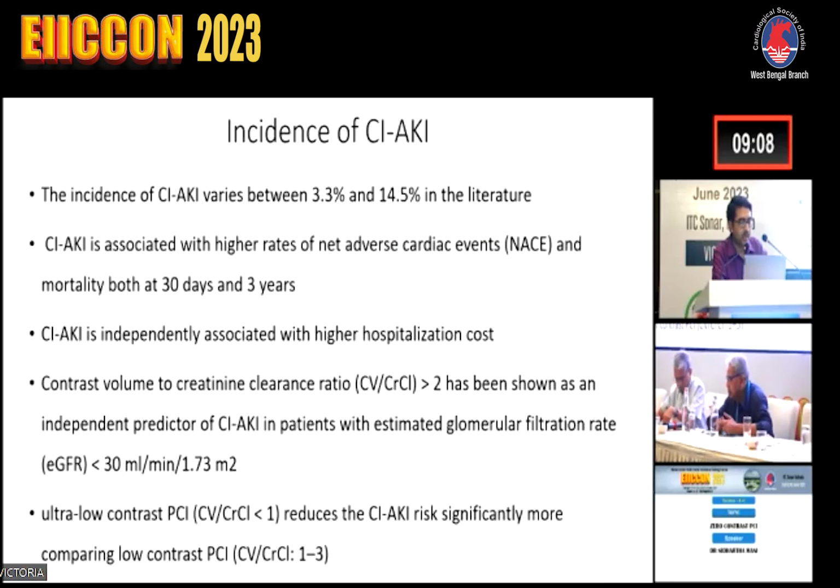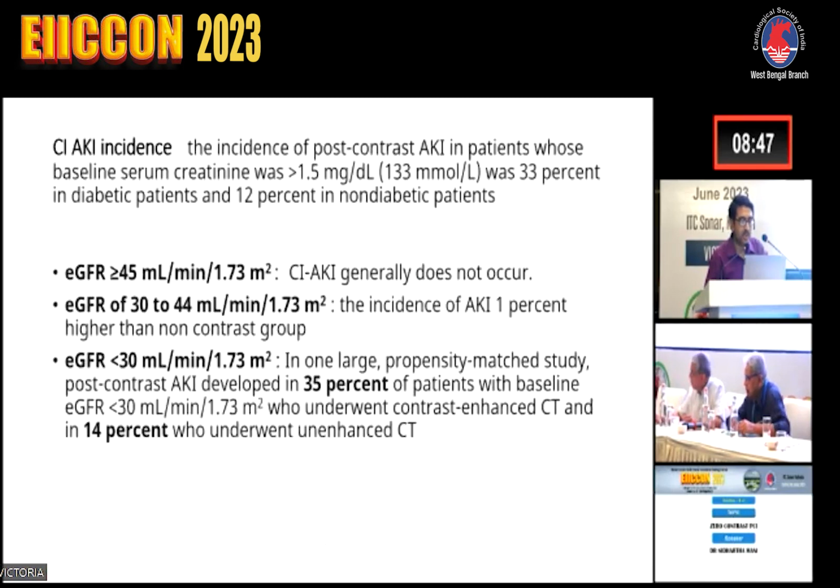We consider ultra low contrast PCI when the contrast volume by creatinine clearance ratio is less than 1, and a low contrast PCI, which is our target, keeps the CV by creatinine clearance ratio at 1 to 3. And today we will be talking about zero contrast, which is basically not using contrast at all during the procedure.